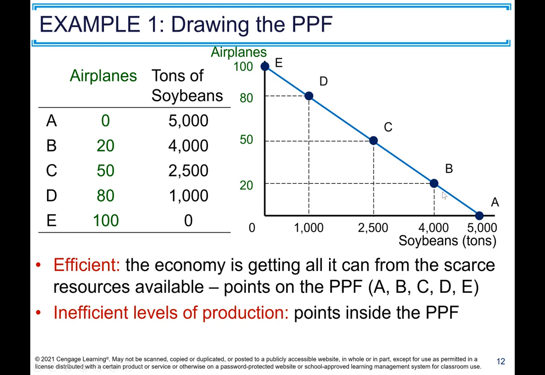Any point to the left of this line is an inefficient level, or underproduction. Not feasible is a point outside. To the right of this line is not feasible. The economy cannot afford to produce what is out here given its available resources.